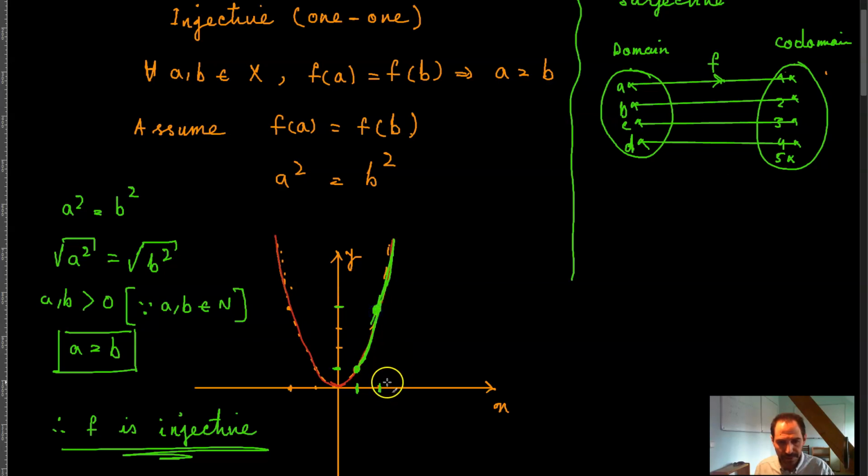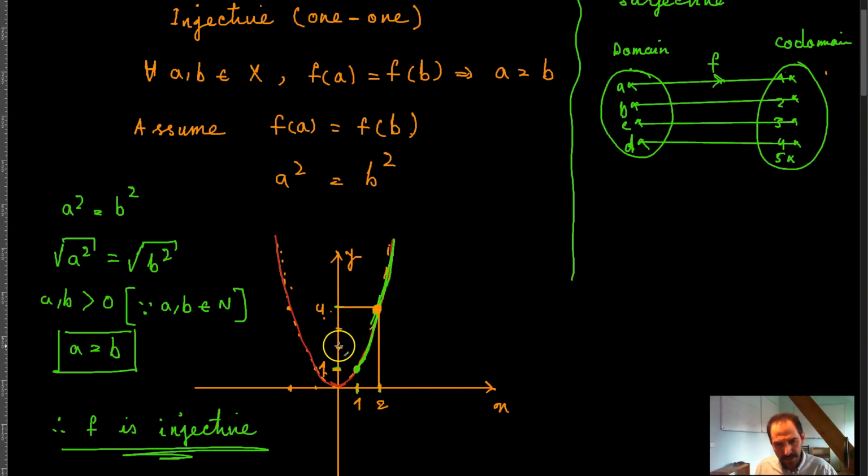So this is basically this point over here. So this is 2 and this is 4. This is 1 and this is 1. 2 squared is 4, 1 squared is 1.